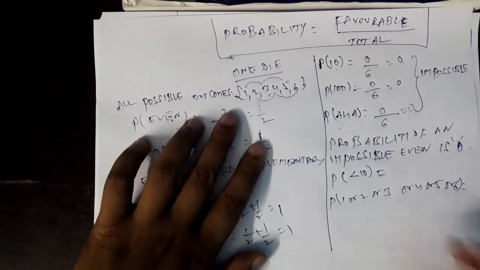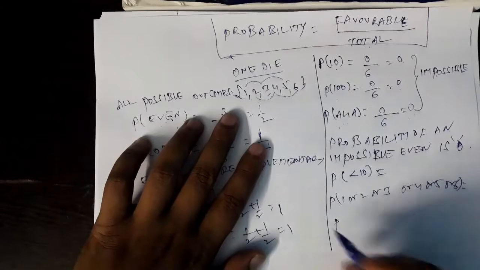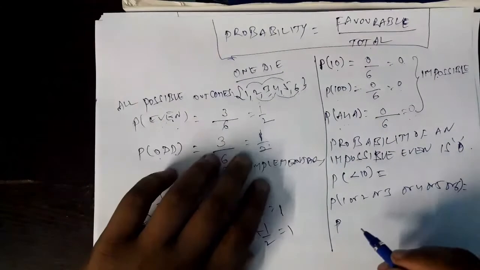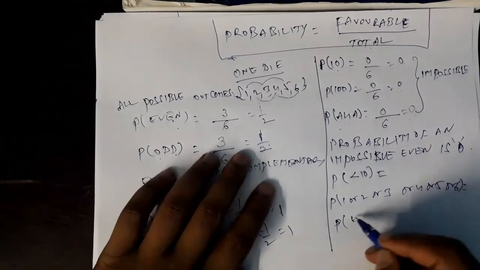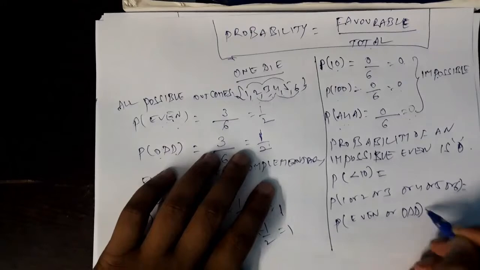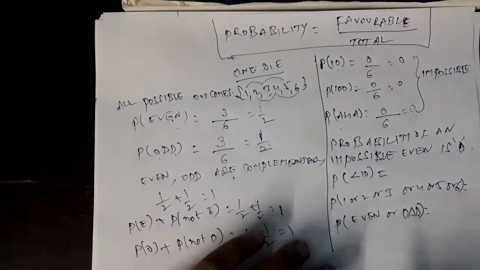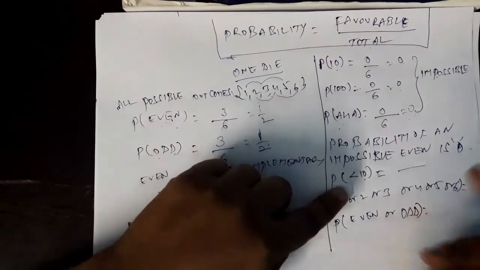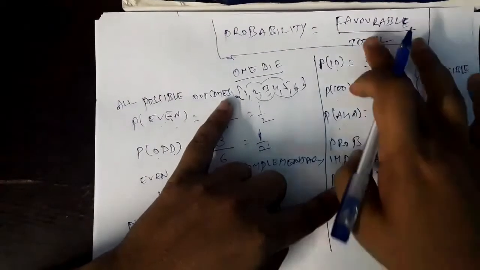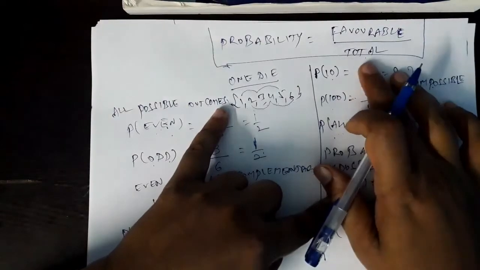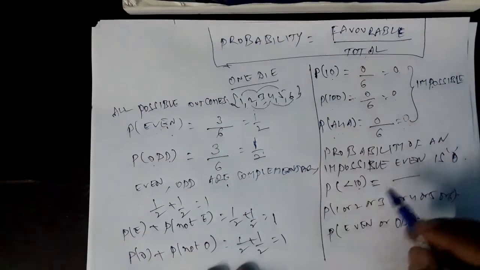What is the probability of getting an even or odd number? Now coming to this event, I know all the cases. We will use this formula only. What is the formula? Favorable by total. The denominator is total.